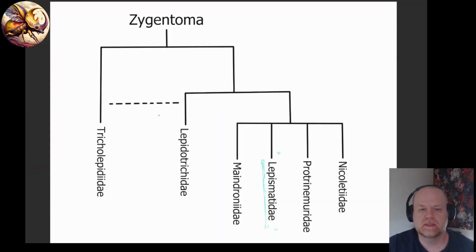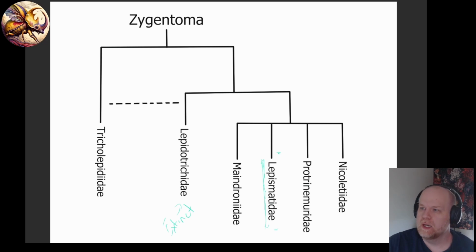But then there's all these other smaller groups. So why I say 5, maybe 6, just talking about this group in general. You have the Lepidotrichidae or the Tricholepidiidae. There is some discussion, especially recently, about whether or not these are the same family. Almost all of the Lepidotrichidae are extinct, and they are known from the fossil record.